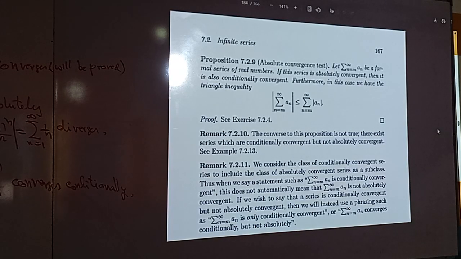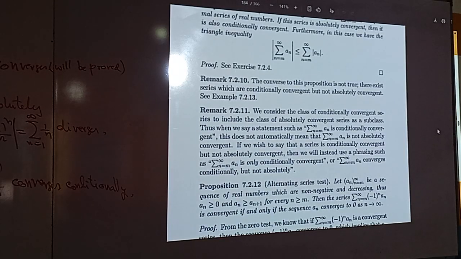It may or may not. If I wish to say that the series is conditionally convergent but not absolutely convergent, then we will instead use a phrasing such as sigma a_n is only conditionally convergent, or sigma a_n converges conditionally but not absolutely. That is clearer, I guess.